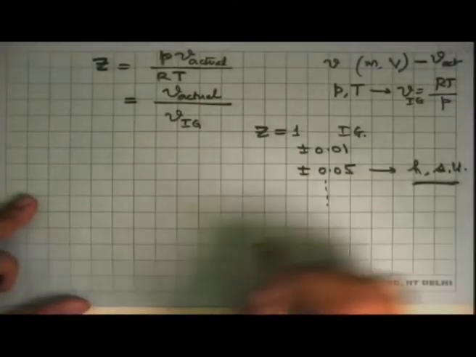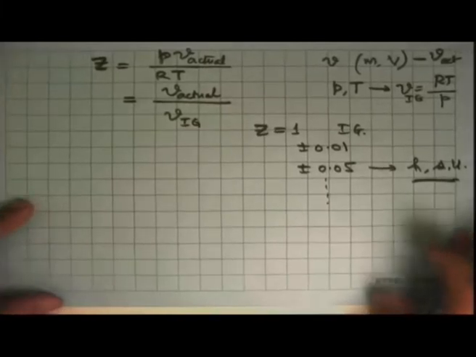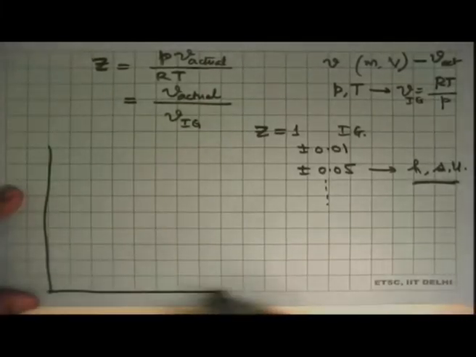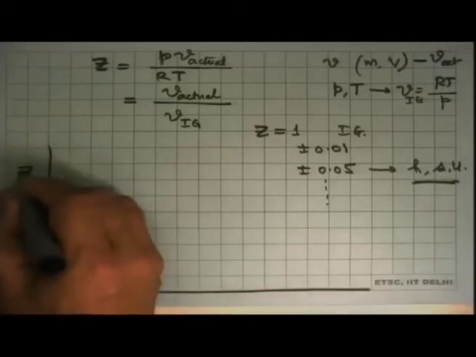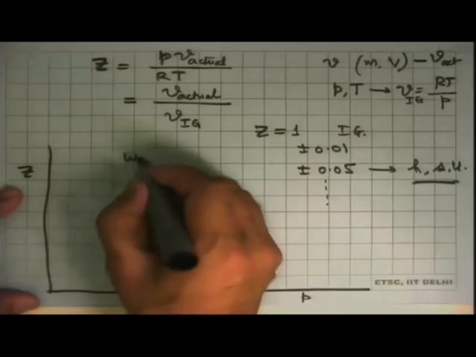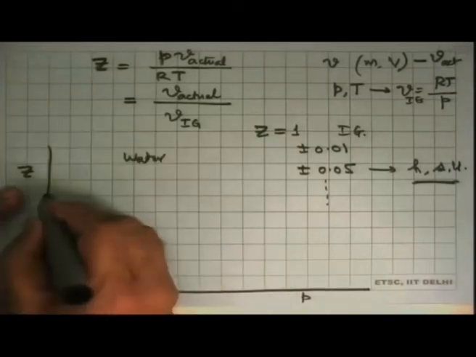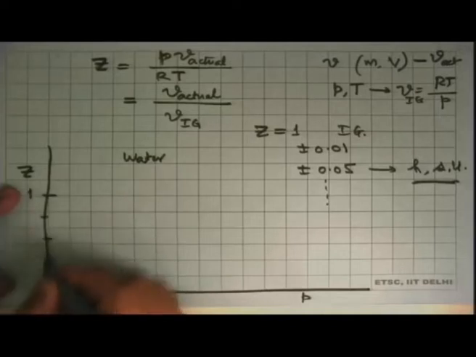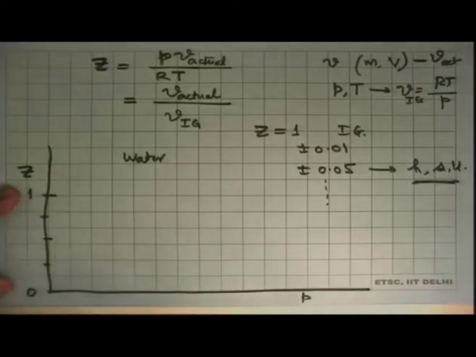But anything more, that will not be right. And why that doesn't get right is when you do this plot, Z versus pressure, and say we do it for water, this is 1, and below that becomes 0.5, 0.75, something, and this is 0.